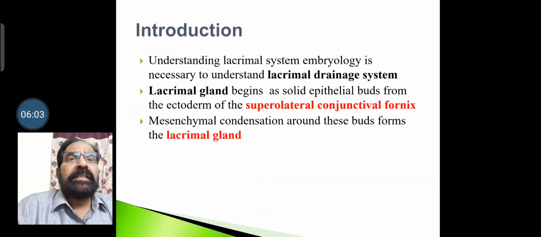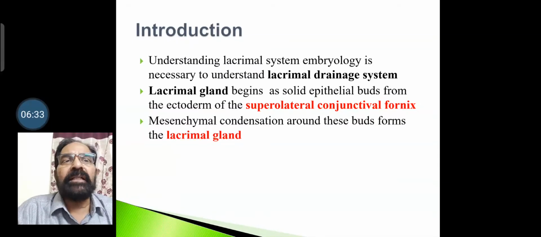For better understanding of the lacrimal system, embryology is necessary to understand the lacrimal drainage system. The lacrimal gland begins initially as solid epithelial buds from the ectoderm of the conjunctival fornix. Then mesenchymal condensation around these buds occurs and forms the lacrimal gland.